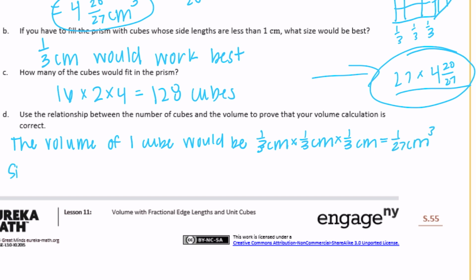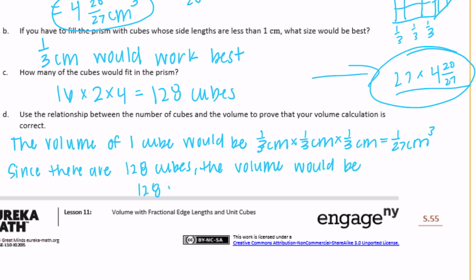Since there are 128 cubes, the volume would be 128 times 1/27 centimeters cubed, which would be 128 over 27, and we've already solved 128 divided by 27 was 4 and 20/27 centimeters cubed. So that's how it all kind of works together.